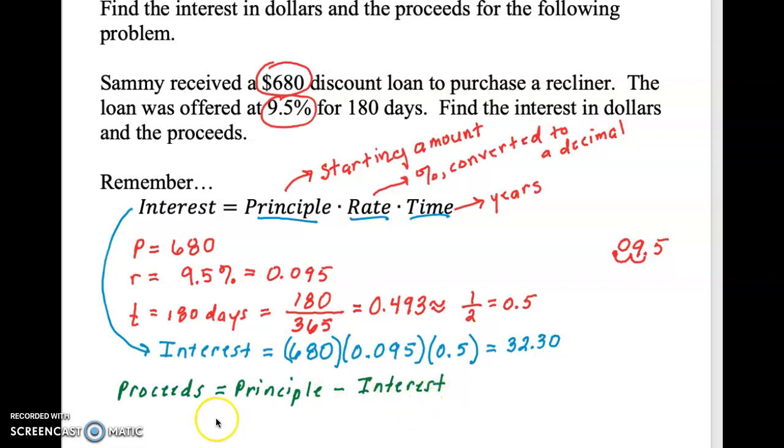In our case, the principal was the original amount right here, the $680. And what we're going to do is subtract the interest, which is $32.30.